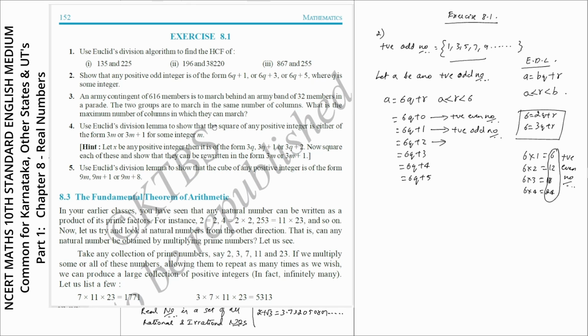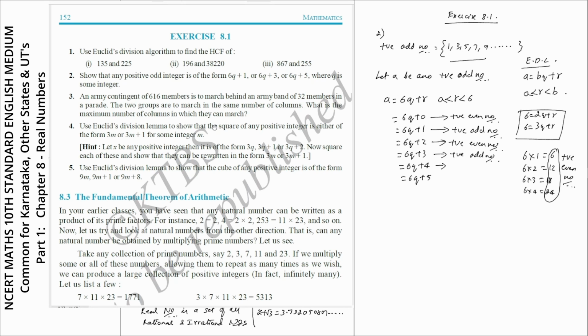And if R is 2, then we get a positive even number. For 6q, if we add 3, we get a positive odd number. Again, 6q is an even number.